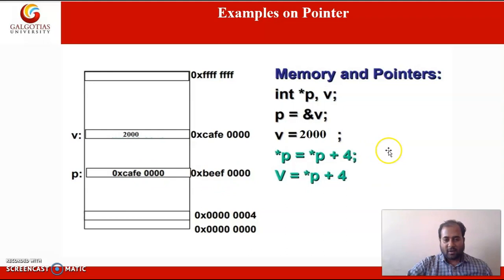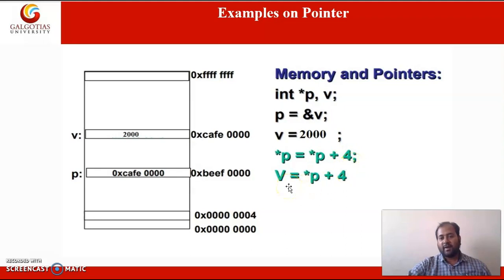Here, *p = *p + 4. What does it mean? It means that using the pointer we are incrementing the value of v by 4. Using the star we are accessing the value of v and then adding 4.